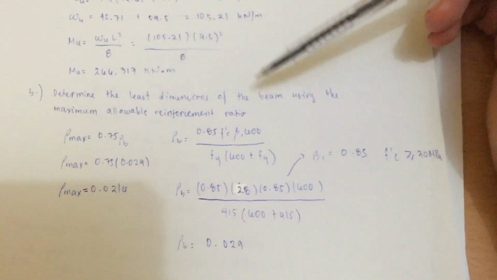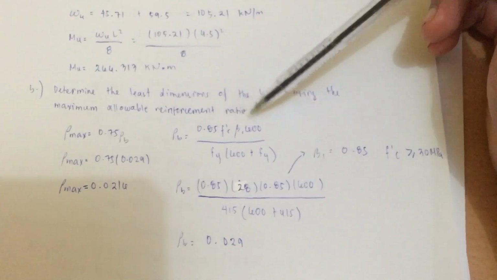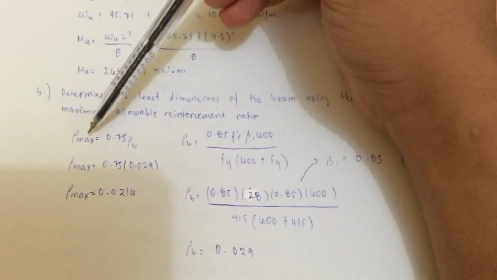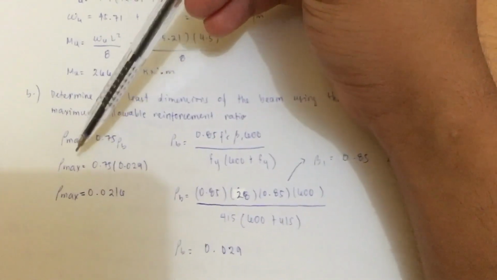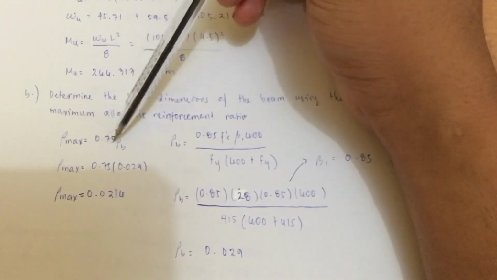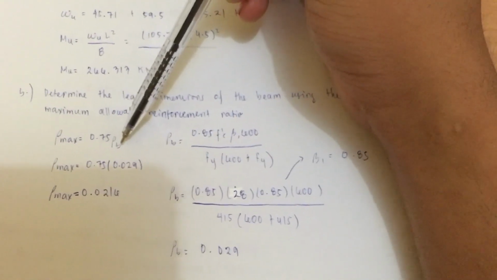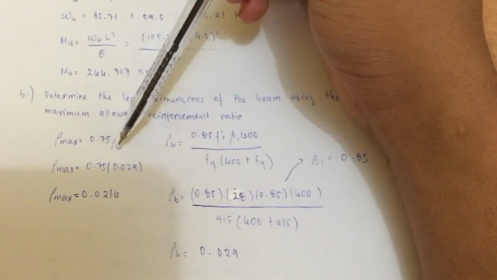Now for letter B, we have to determine the least dimensions of the beam using the maximum allowable reinforcement ratio. Now we have this given formula. The maximum steel reinforcement ratio is equal to 0.75 times the balanced steel reinforcement ratio.